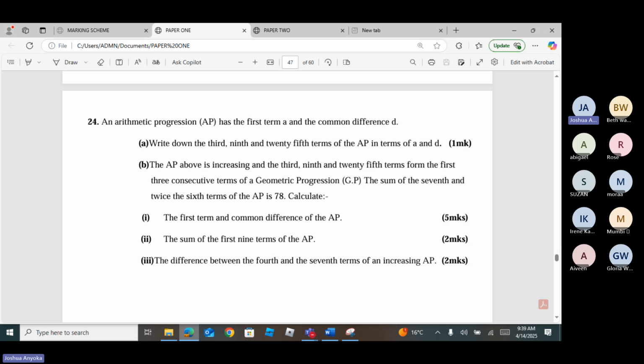Okay. Let us read the statement. The sum of the seventh term, we can know exactly what it is. It is A plus 6D. And twice is like you double what you have. Twice the sixth. So we are not squaring, we are multiplying the sixth term by 2.